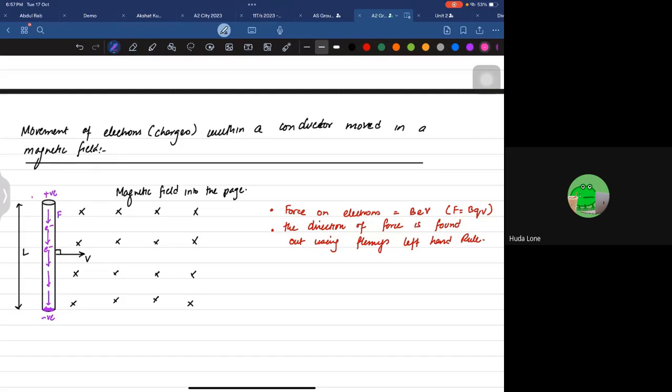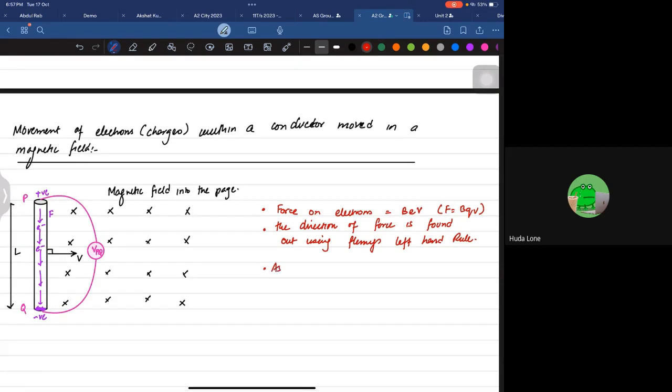You can call this end P and this end Q. Then when you connect a voltmeter across this, the voltmeter is going to show you the potential difference PQ that has been created right here. Understood?